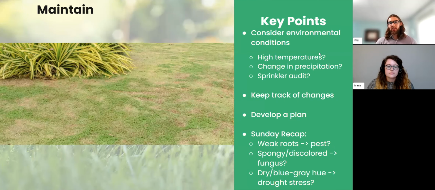What I want to highlight here, though, is that just because there are brown patches does not mean that I would default to applying fertilizer. This is one of the questions that we commonly receive over the course of the season: hey, I'm starting to see my lawn change, or this is what I'm starting to notice. I think I need an extra pouch, or I think I need to jump to my next nutrient pouch.